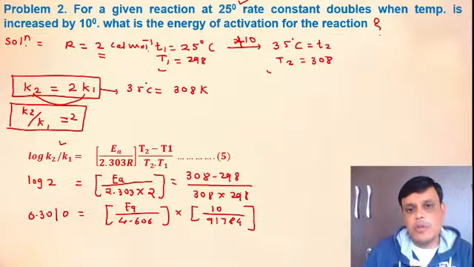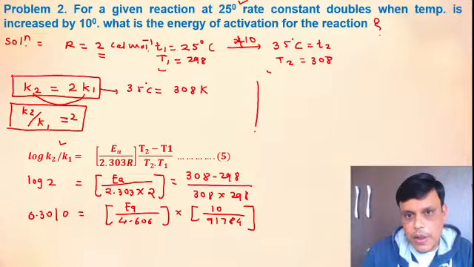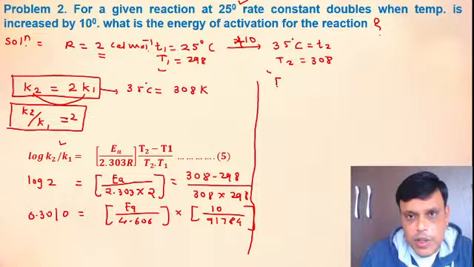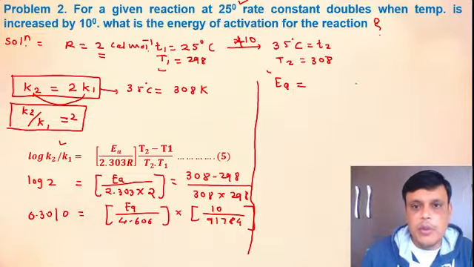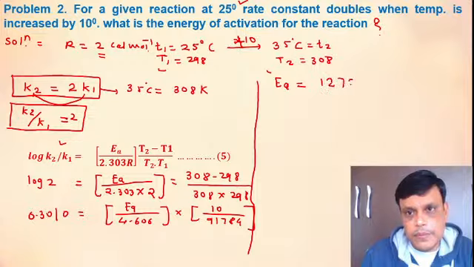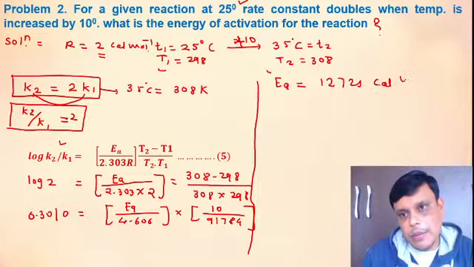So 0.3010, and if you solve this equation in terms of EA, you will get calorie per mole.